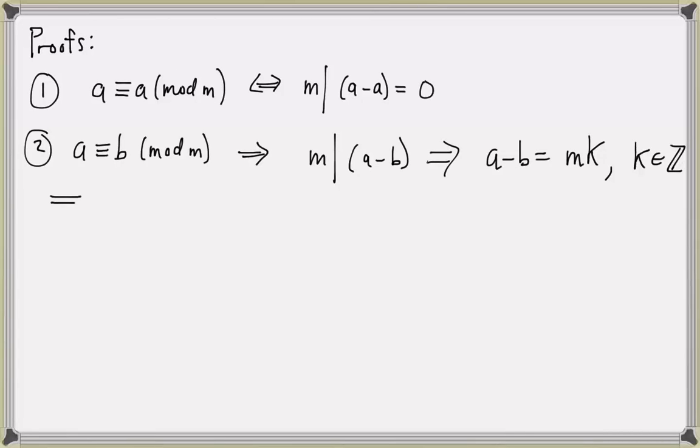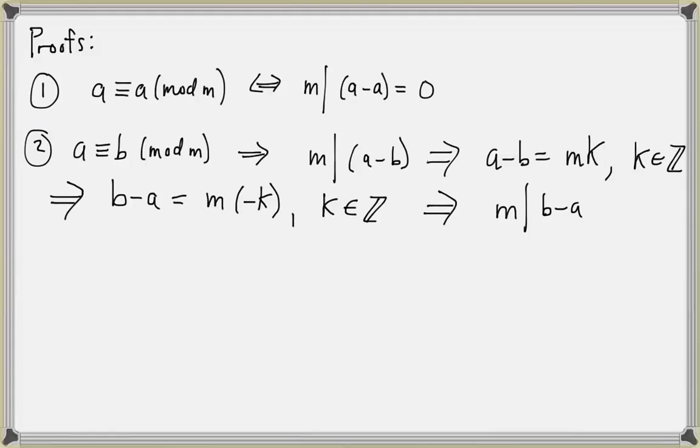But then just multiplying both sides by -1, I see that b minus a is equal to m times negative k, where k is an integer. Therefore, m divides b minus a, and that is the definition of b congruent to a.